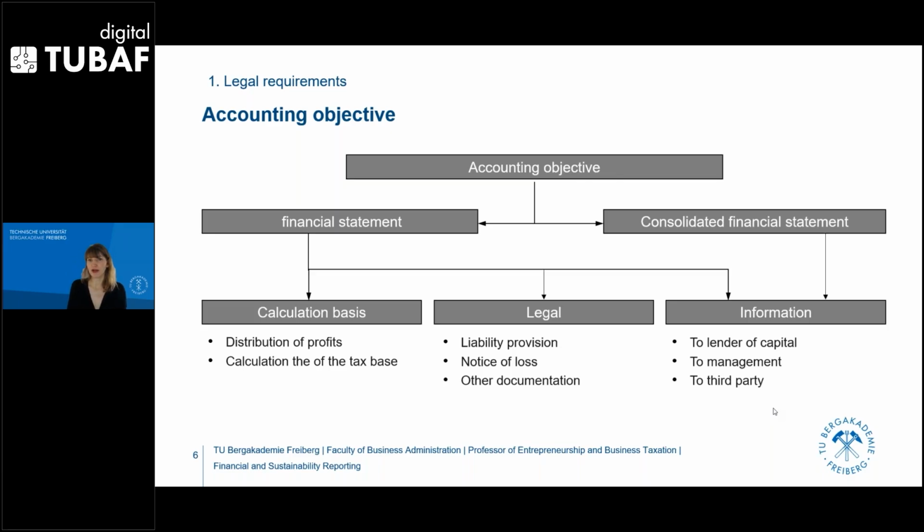So we derive the tax base from the profits and losses which are disclosed in the financial reporting. So all these payments are derived from the financial statements of entities.